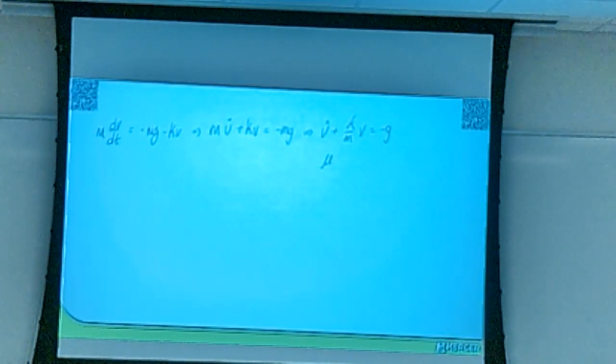Call it mu sub I to represent the integrating factor, not air resistance. What is our integrating factor? e to the kt over m. Kt over m.